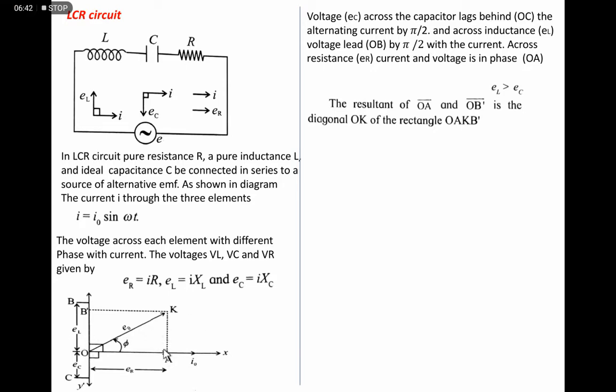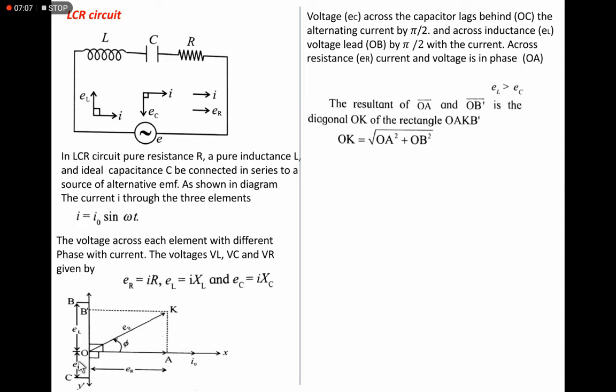Then in this triangle, use Pythagoras. OK square is equal to OA square plus AK square, and AK is equal to OB, therefore the square root of OA square plus OB square.